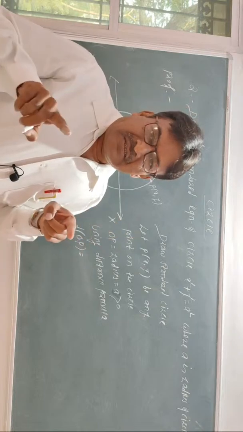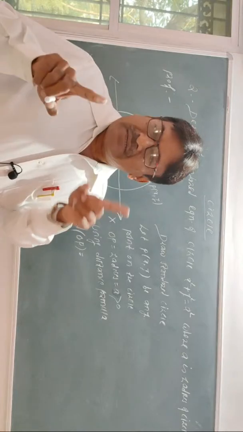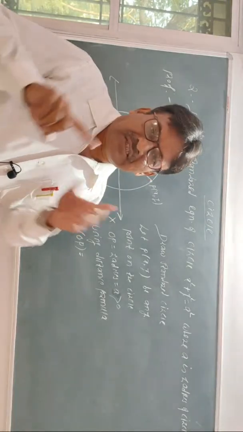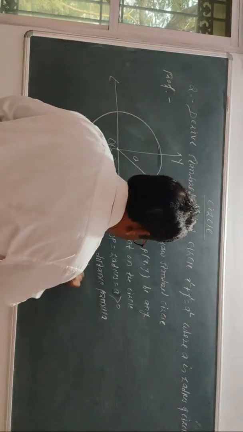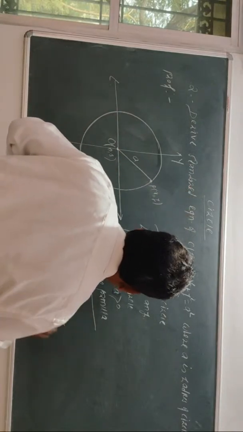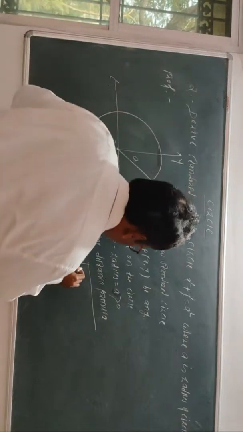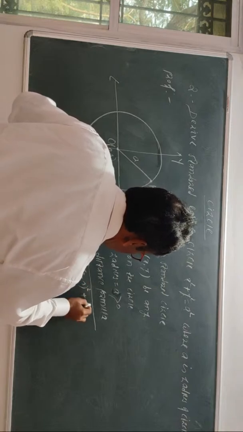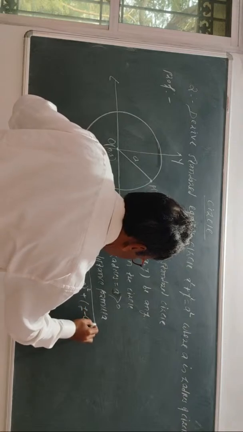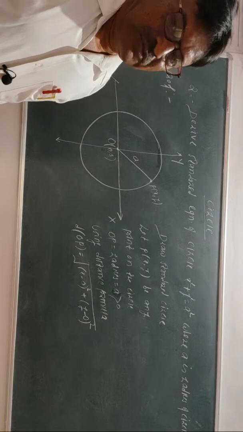Using this distance formula, we get under root (x minus 0) whole square plus (y minus 0) whole square.